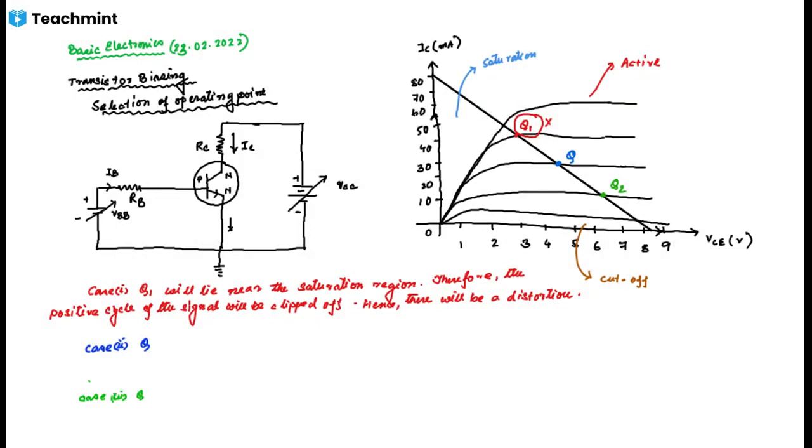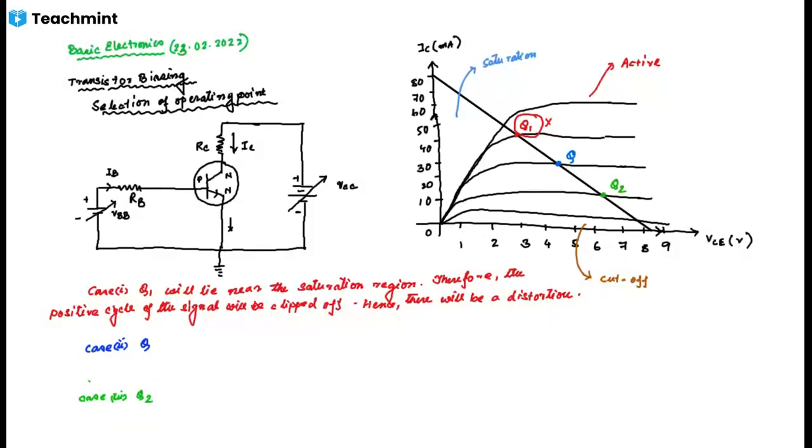That is Q2. If we consider the Q2 as the operating point, then the point will lie near the cutoff region. Therefore, the negative cycle will be clipped out. The positive cycle was clipped out earlier because it was lying nearer to the saturation.